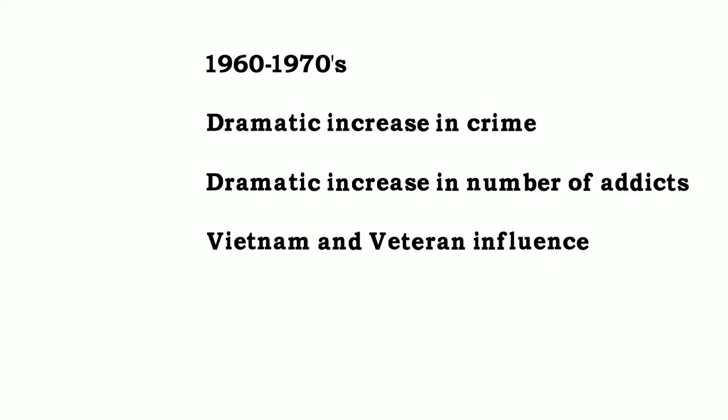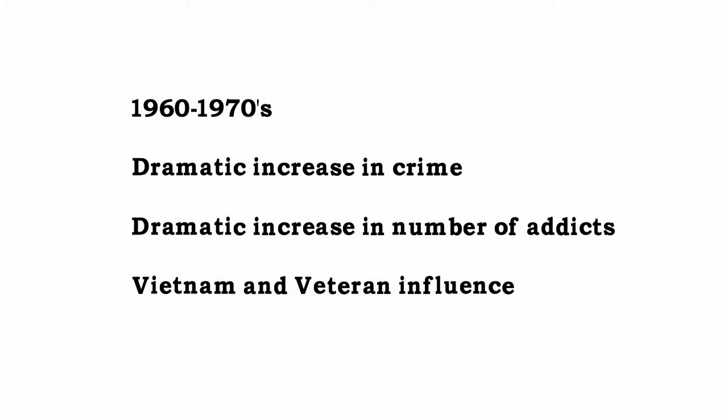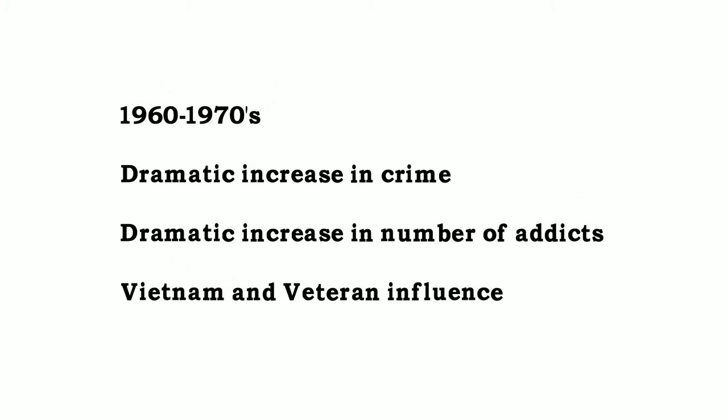During the 1960s and 70s, there was a huge increase in crime and the number of addicts. The Vietnam conflict played a large part of that, and a lot of the veterans that came back were addicted to the opiates that they first had contact with over in the Golden Triangle.